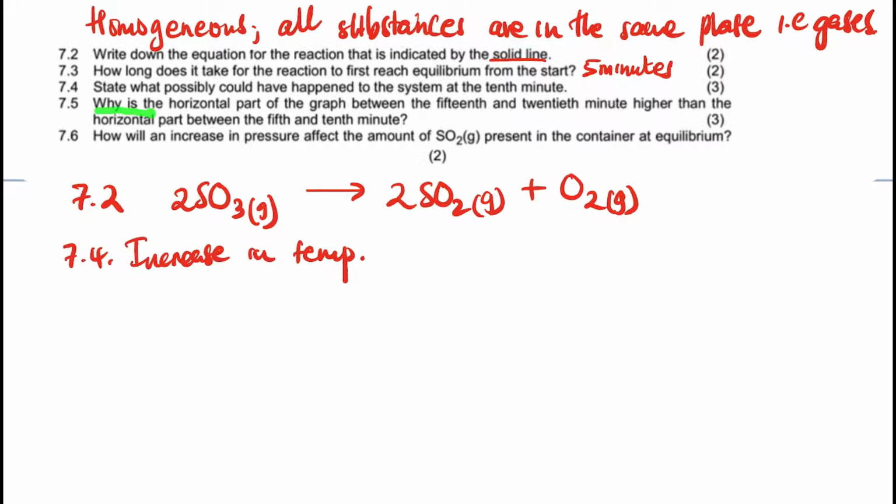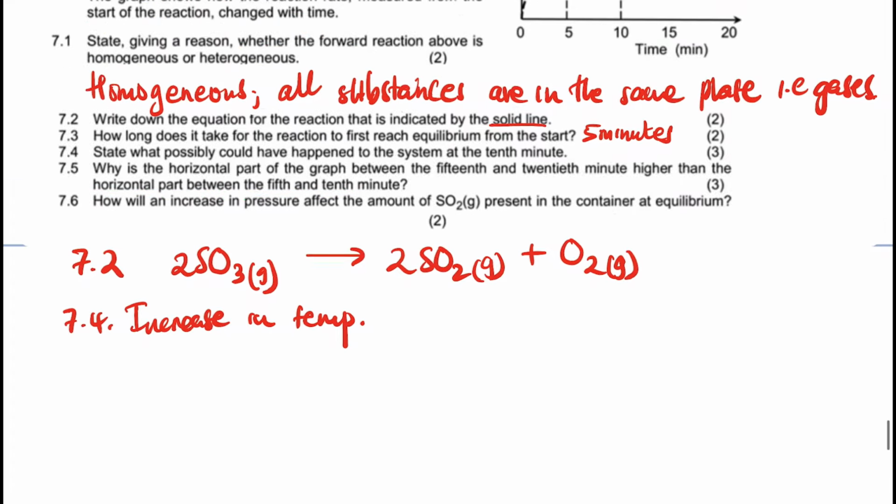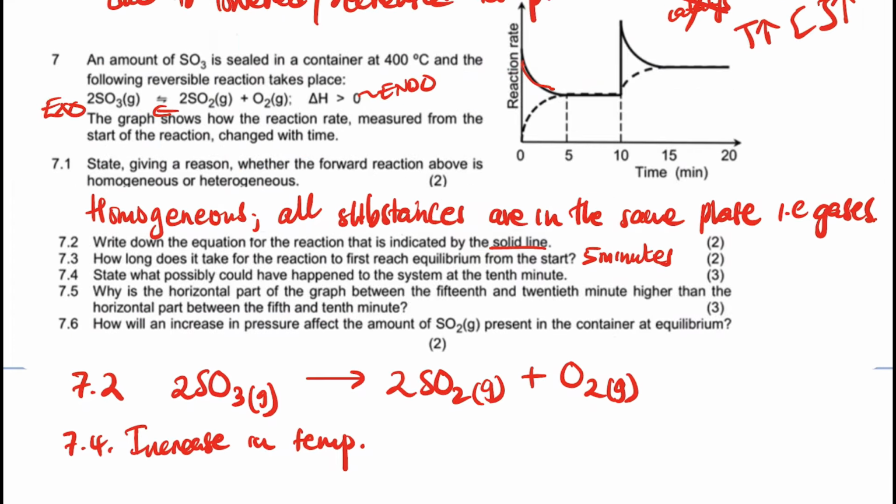Let's go to 7.5. Why is the horizontal part of the graph between the 15th and the 20th minute higher than the part between the 10th and the 15th? Okay, let's read the question.